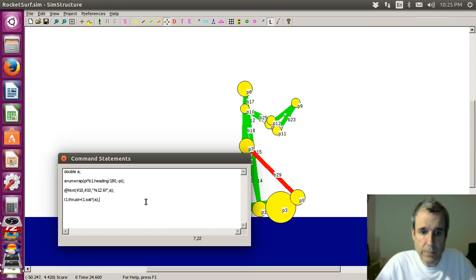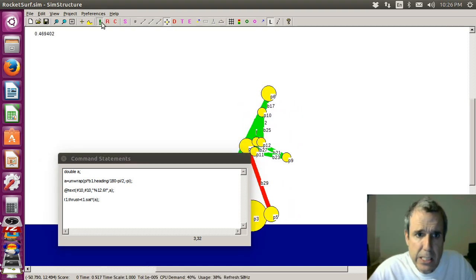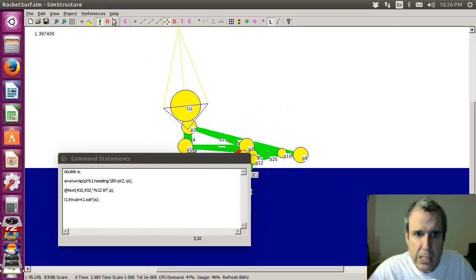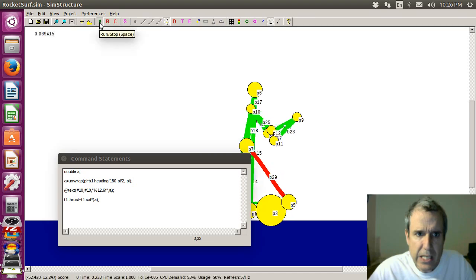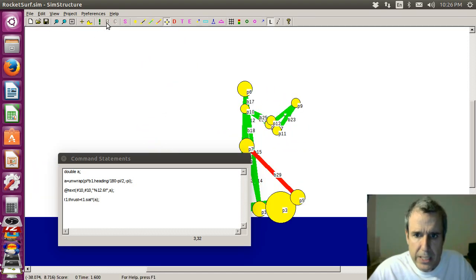So the angle, I think we want to take minus pi divided by 2. Why is it positive in both directions?